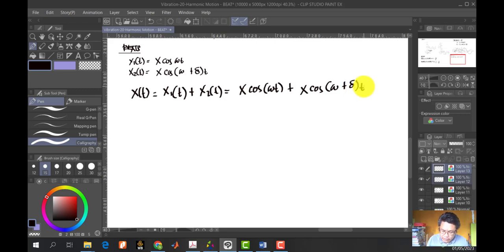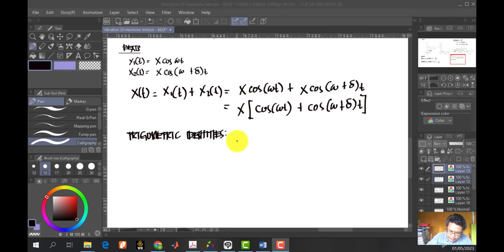And we can factor out the common x. What is left is cosine of angular velocity times time, plus cosine of angular velocity plus lambda, multiplied by time.